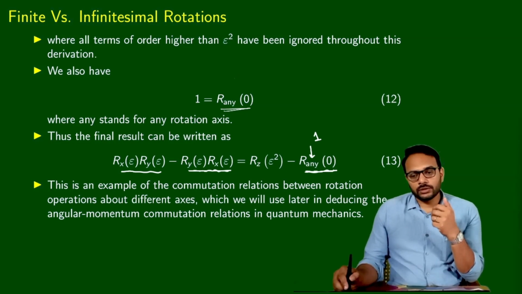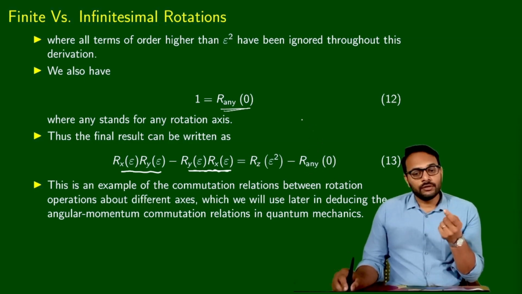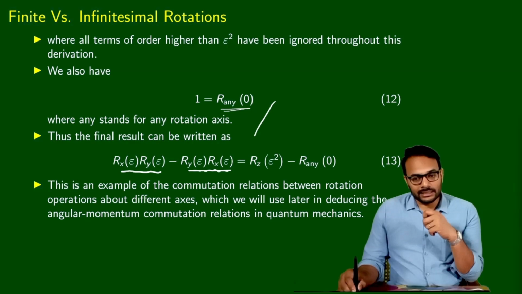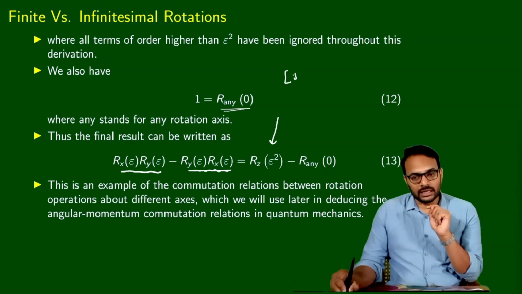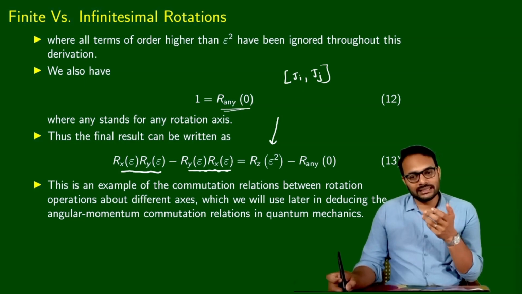Once you define it so, we demand that the rotations about different axes fail to commute exactly in this manner. Demanding this is going to give us the commutation relations among components of angular momentum.